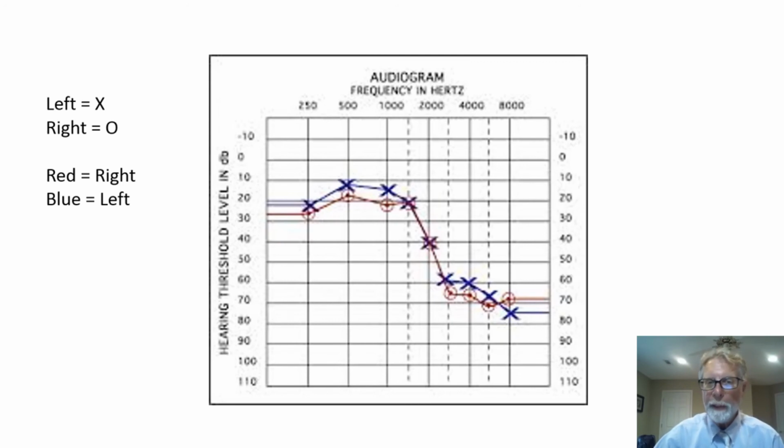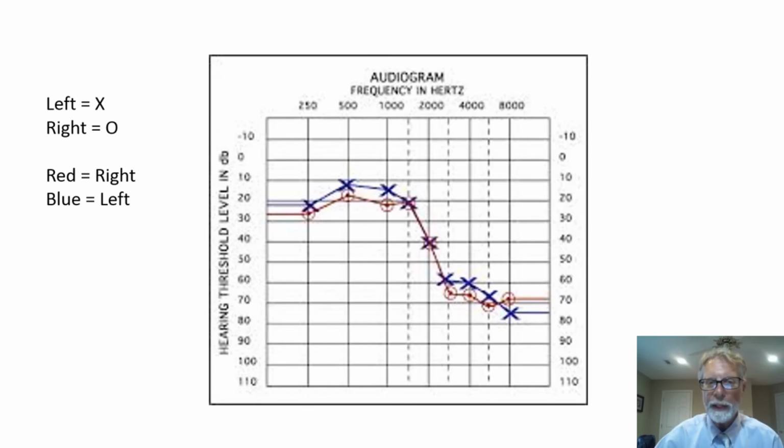But anyway, if we did all these frequencies, here 20 dB was the threshold, so they put an X. X is for left and O is for right. Everybody knows red is right and round. You can remember that. Red is right and round. All right.